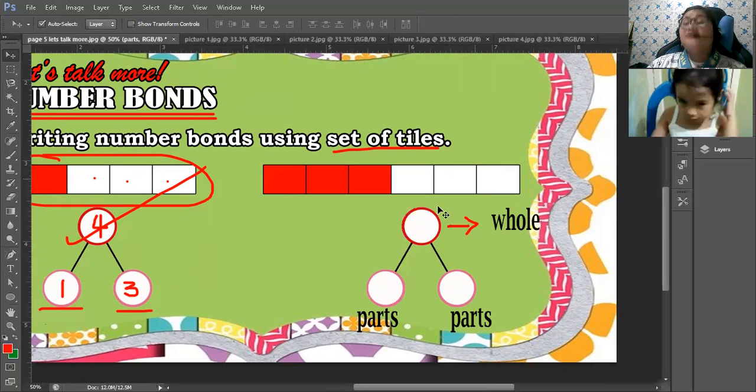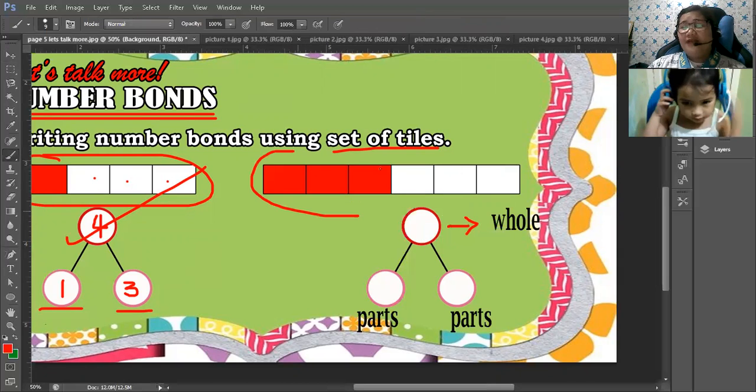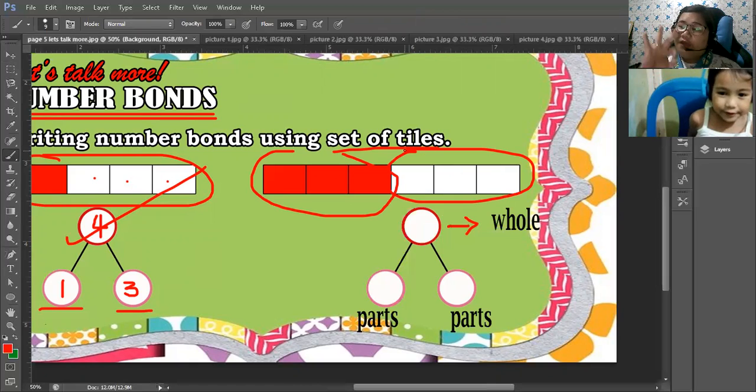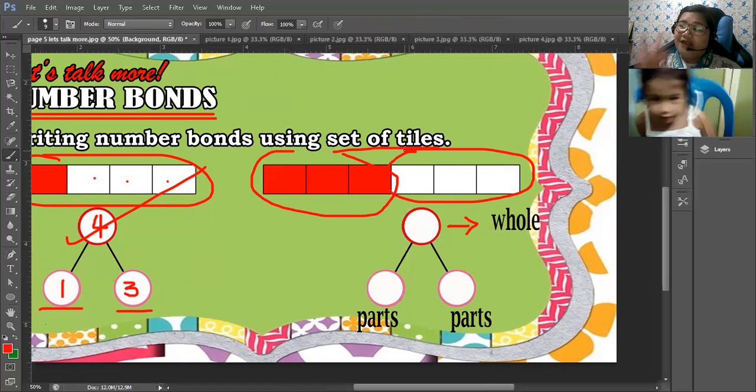Tama? Zoe, can you help count, teacher, how many red tiles and how many white tiles are there? There are 3. Red tiles or white tiles?